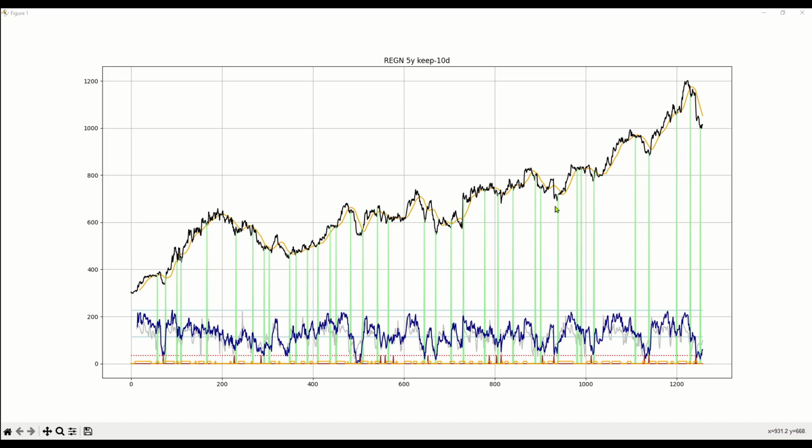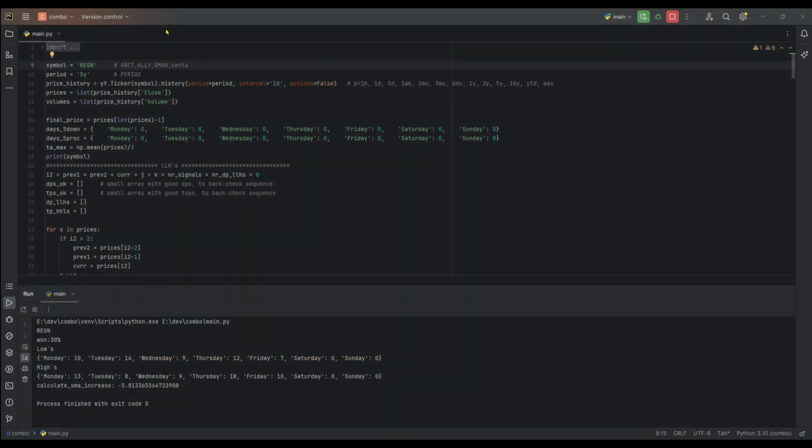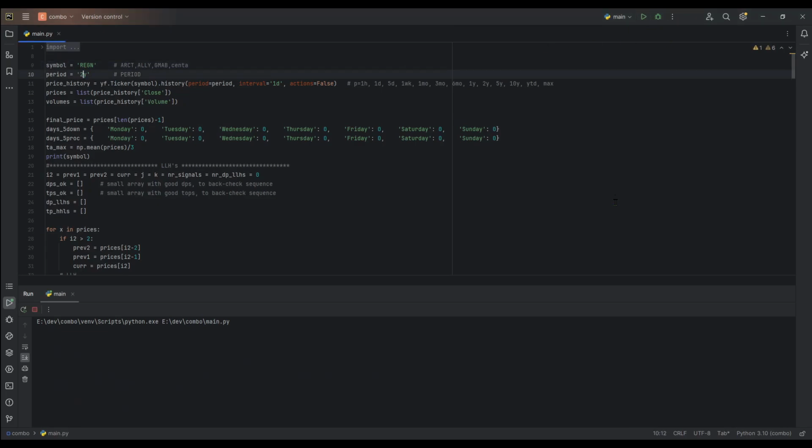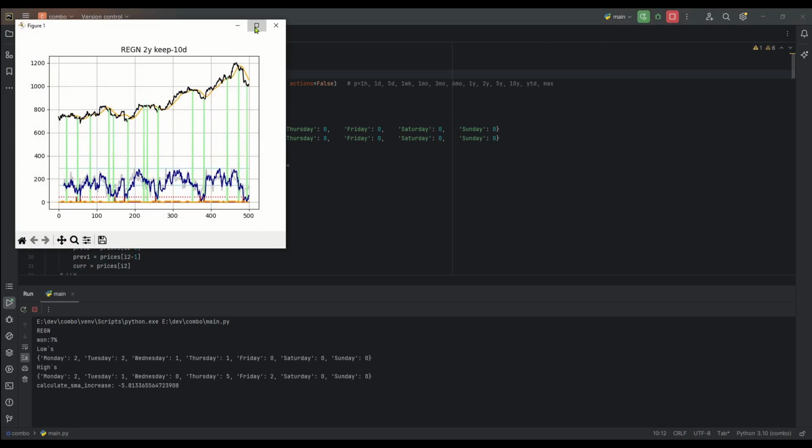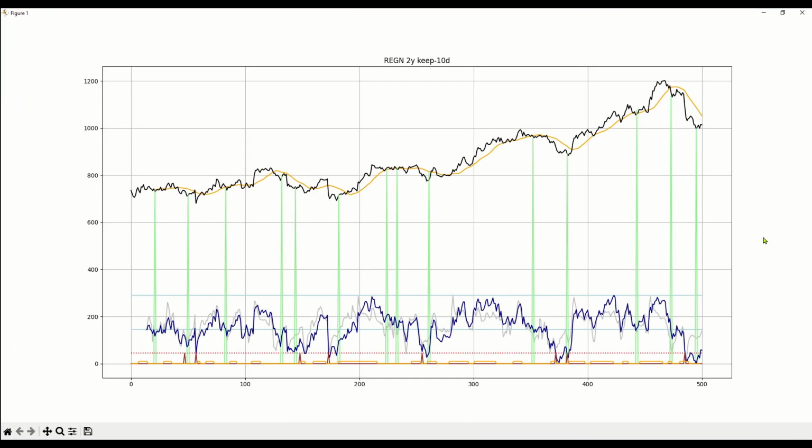But let's see. This can be a dangerous one on the 2 year. Let's see what's happening here on the 2 year, because this is where you want to invest. Although this ending looks a bit flaky, these prices. Anyway. Blue and brown, come on, check this one. Brown? Really? This beautiful?